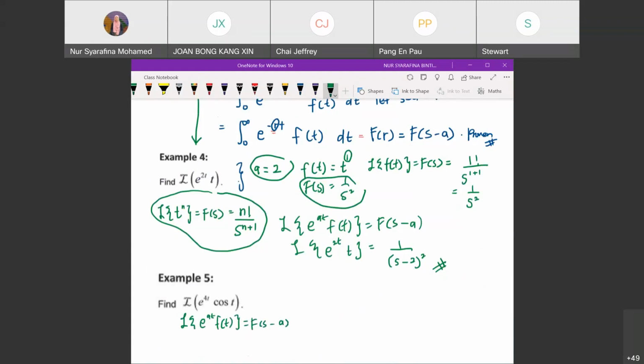So this is mapped to the first shifting property following the form of the function. And you know that from here, what is your a? a equals to what? a equals to 4. Okay, good. What is your f(t)?